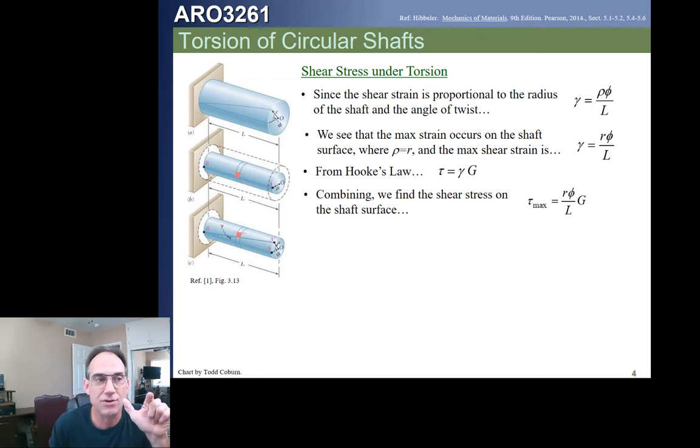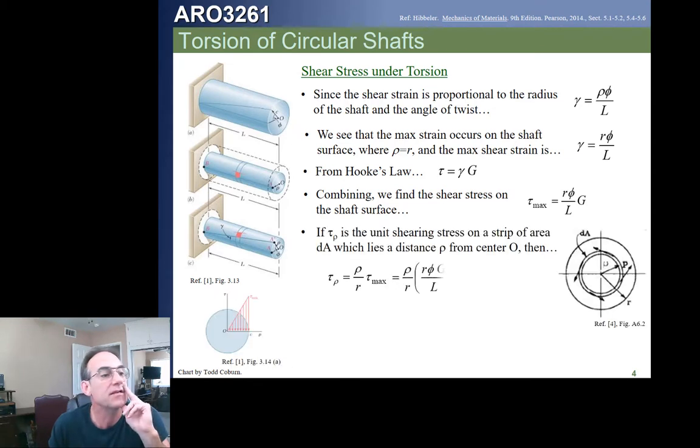Now we're not actually going to use this for the max shear stress. We're going to use this to calculate the angle of twist. If we look at the angle of twist, we can say the shear stress on any little element, out here at some radius r, we have a stress on that little band. The stress times the area, which is 2 pi r times the thickness, ds, is the force, and we can write that as a function of the torque.